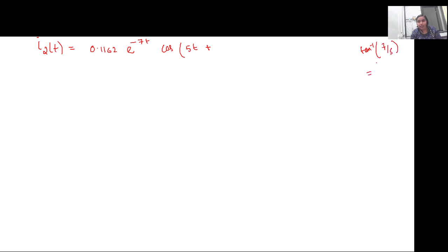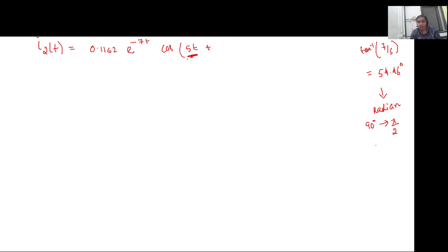Please note that tan inverse of 7 by 5 is 54.46, but this is in degrees, while this 5t is in radians because the frequency is radian per second. So this unit needs to be balanced. We cannot simply write 54.46 here. We have to convert this into radians. We have 90 degree equal to pi by 2 radian.